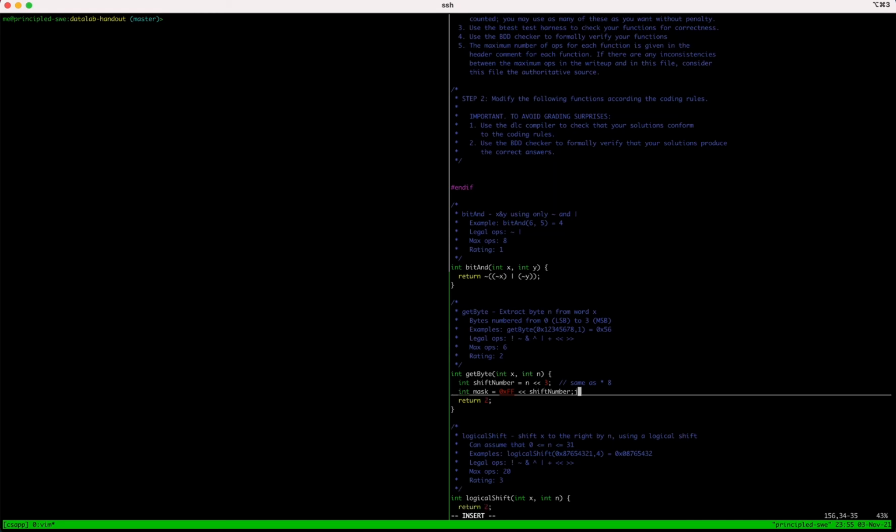And now we can generate the result by applying the bit level operator between x and the mask. The last step is to shift it to the right side by the same number of shift here.